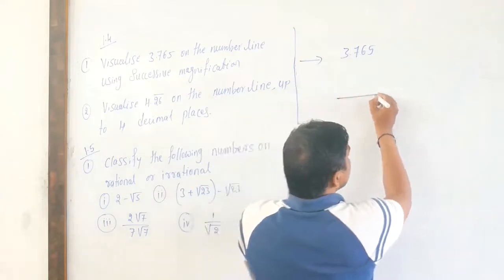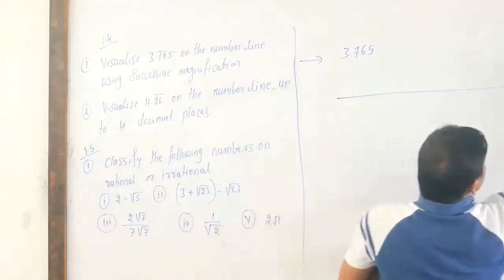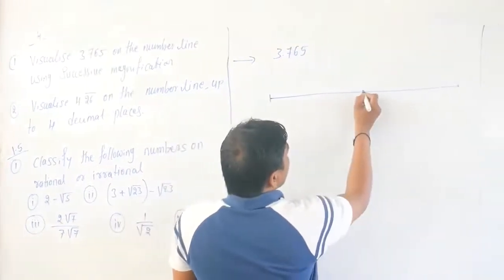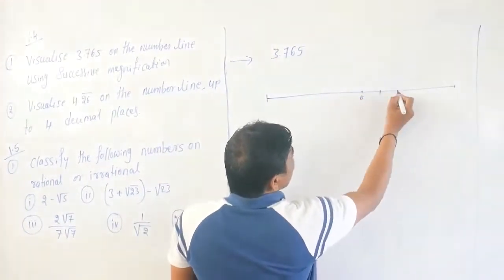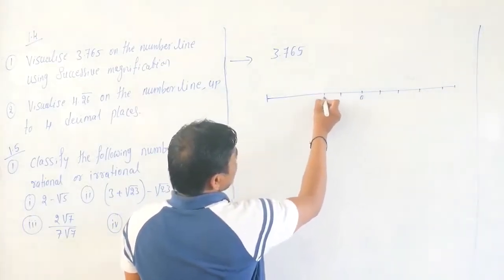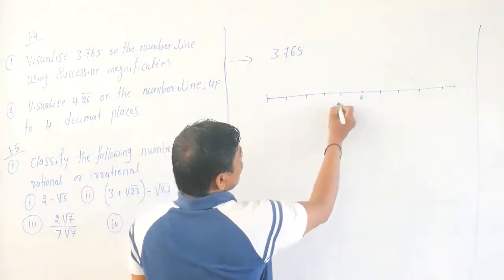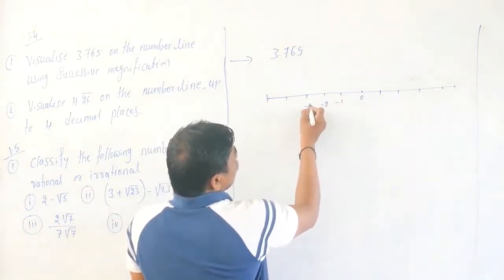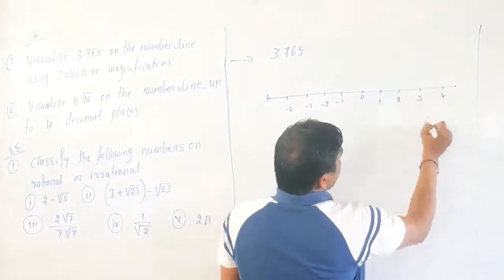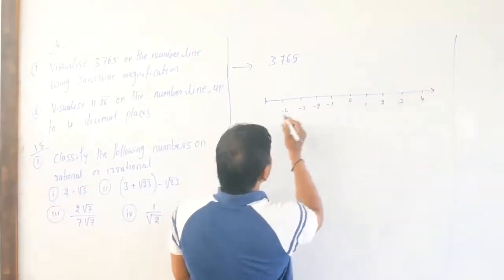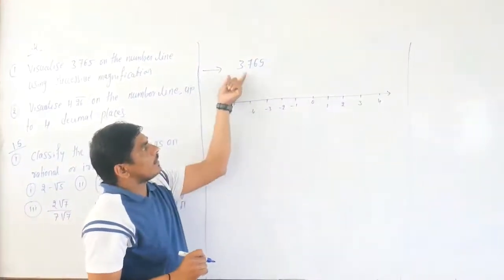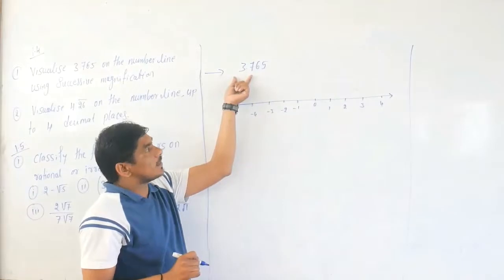That's why first you draw the number line. This is the first step. Here is 0, 1, 2, 3, 4, and here is minus 1, minus 2, minus 3, and minus 4. Now on this number line, first you identify 3.7.